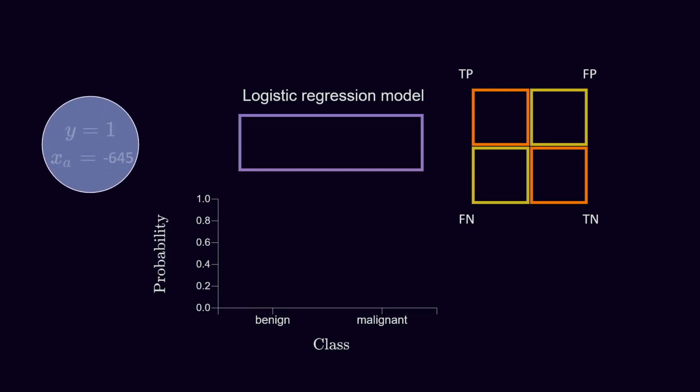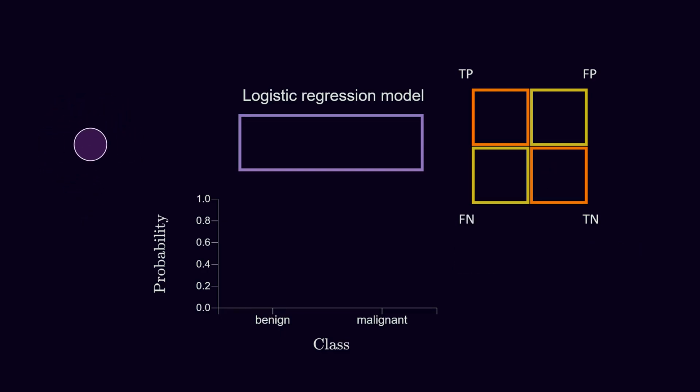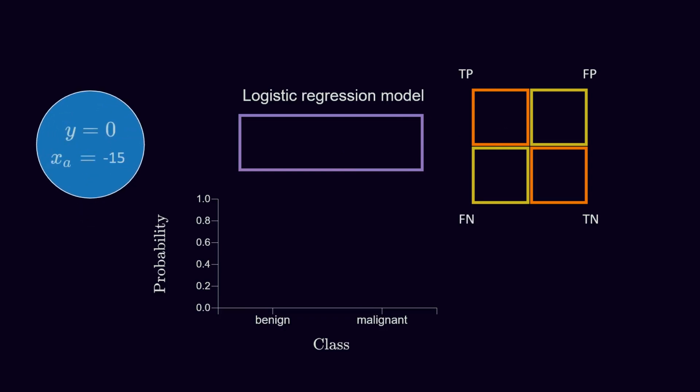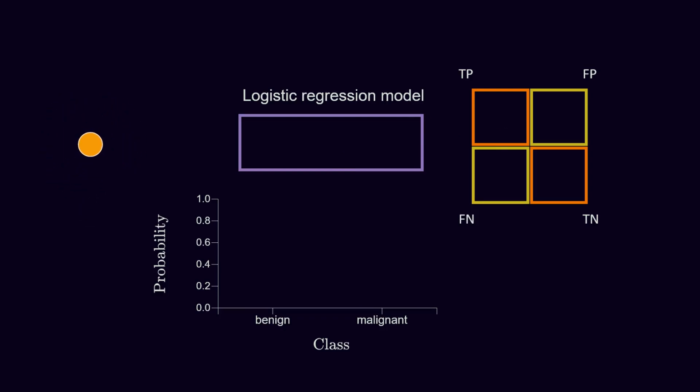These 4 prediction outcomes produce the so-called confusion matrix. When we continue to feed test observations into the logistic regression model and make predictions of the class memberships, the confusion matrix keeps count of different prediction types.